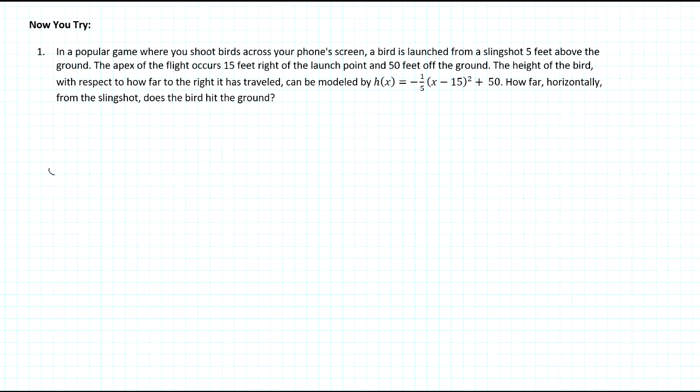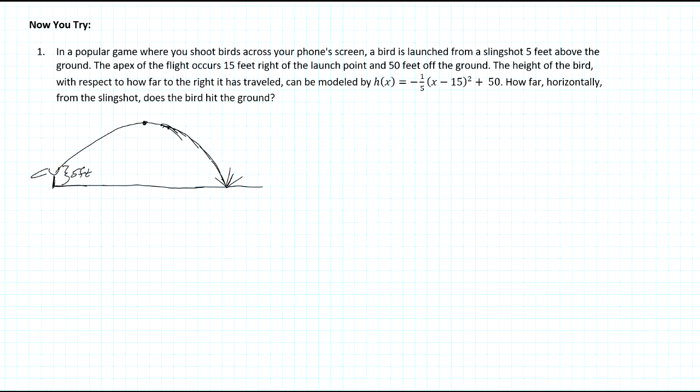So we've got a slingshot here, and we are launching a bird, and we've got the ground here. The height that we're launching from is 5 feet, and the bird launches up, and it hits an apex up there, and then it comes back down, and it's going to hit somewhere over here, right?